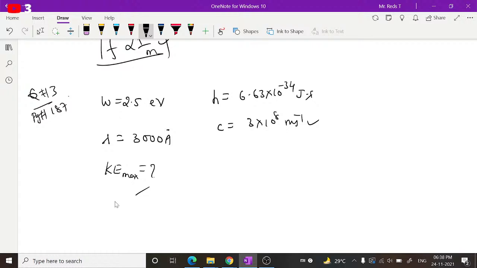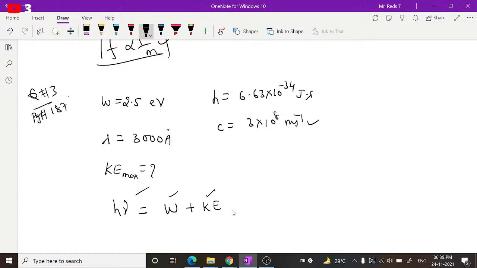By using Einstein's photoelectric equation, we know that the energy of the incident photon, h nu, is equal to the work function W plus kinetic energy. So a part of this incident energy is used to overcome the work function, and the remaining is imparted as kinetic energy to the ejected photoelectrons.